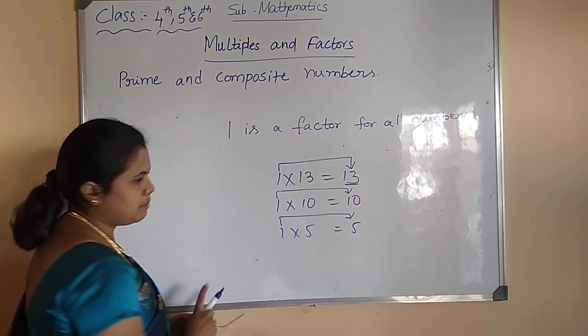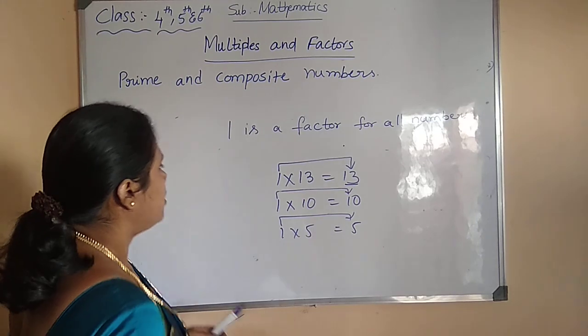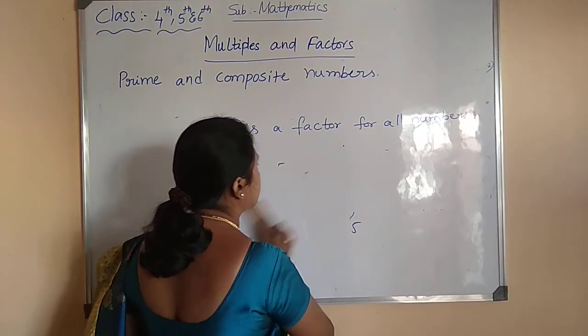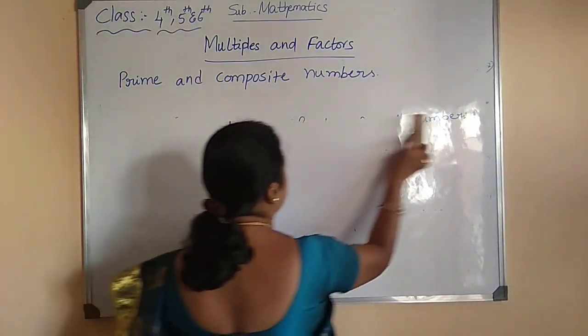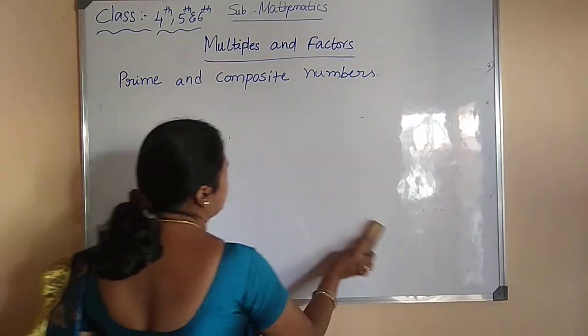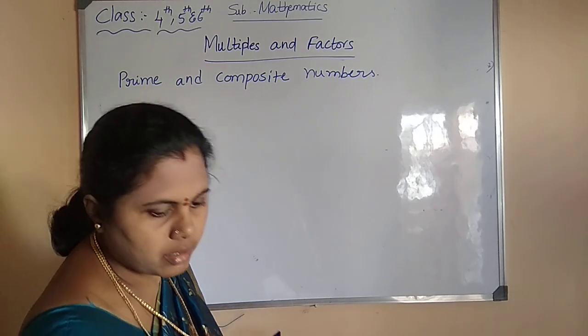See here, for example, 1 and prime numbers. Prime number means what? What is the definition of prime number?